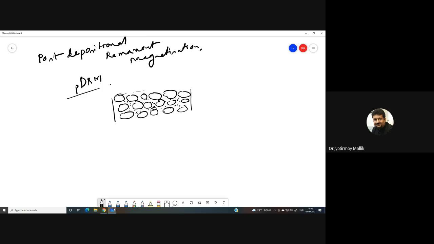So if I give you a rock sample and ask you to find the depositional remnant magnetization, you should concentrate on the very small grains present within the interstitial space, because those spaces are protected mechanically by the larger framework of grains from these mechanical forces, and they can align themselves pretty easily with respect to the direction of the external magnetic field.